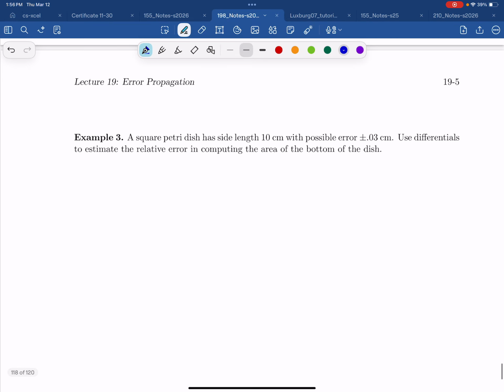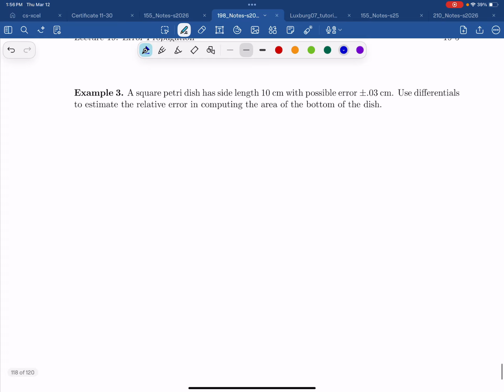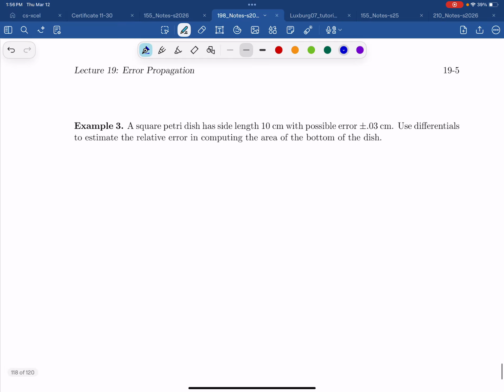Let's take a look at one more example. Let's estimate the relative error of the area of this petri dish, a square petri dish. I thought they were usually circles, but here we've got a square. Okay, so anyway, we're going to say our side length, I guess we'll call it A, equals 10. That's our nice number, and the area of a square is going to be S squared.